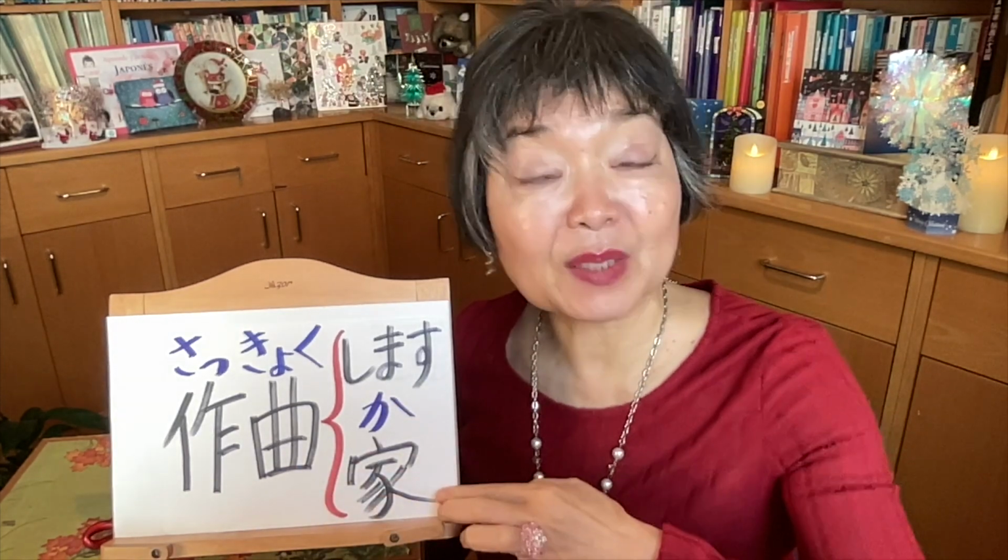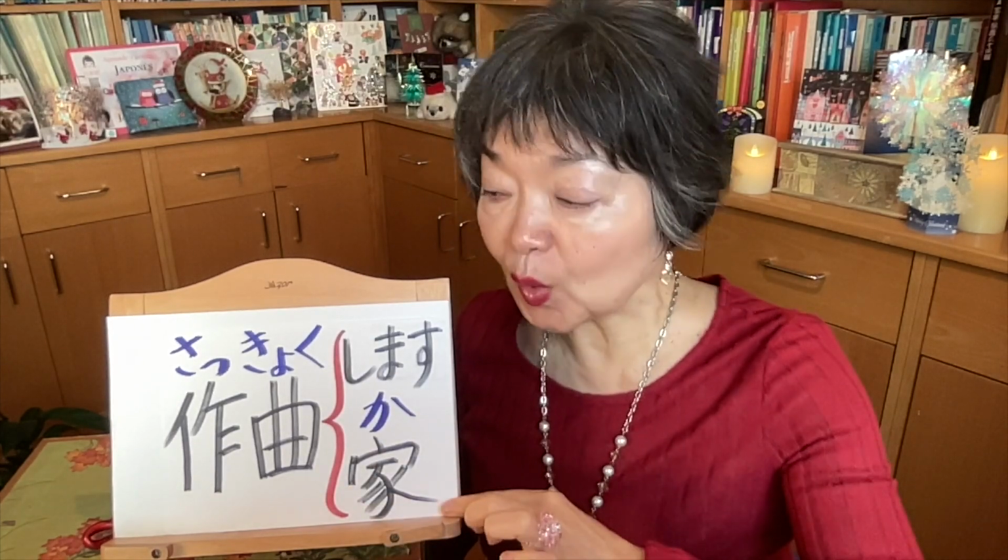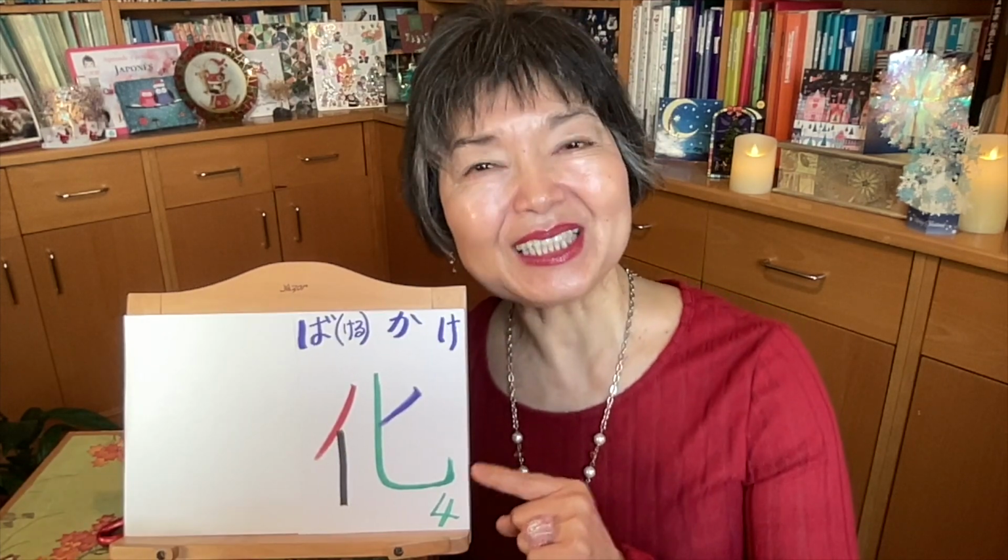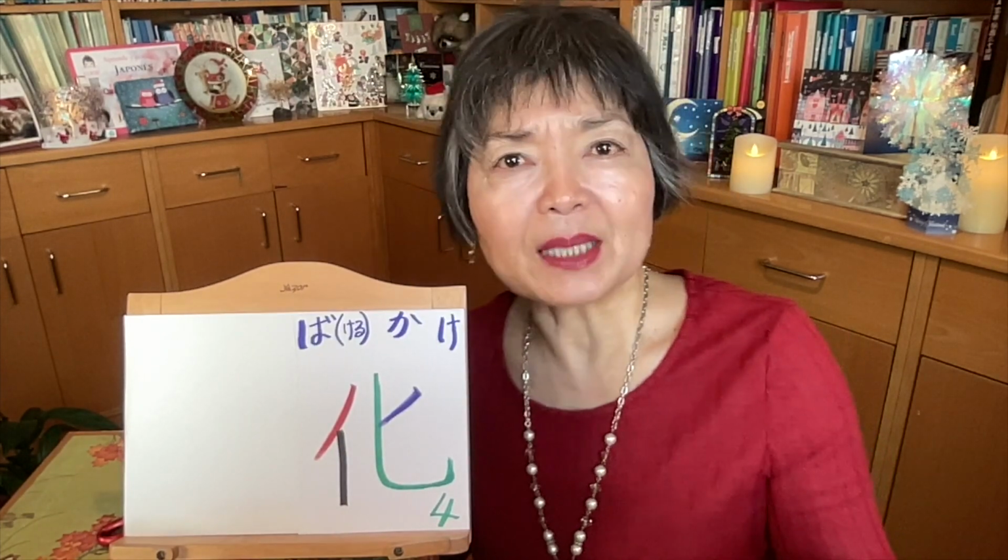Here we use the kanji of ie, and this means the person who composed music. 作曲家, composer. Fraud, scam, con, 詐欺. Con man, con woman, 詐欺師. This kanji means to turn into something different.